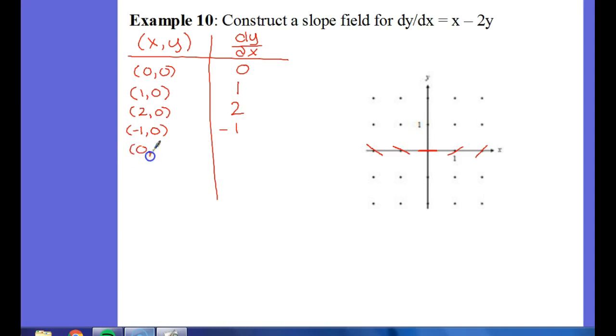Flip it. Let's look at (0, 1). Now the x is zeroed out and y is 1, so you get -2. That means this slope should be very similar to the slope I drew here, because this also had a slope of -2. You just want to try to be consistent.